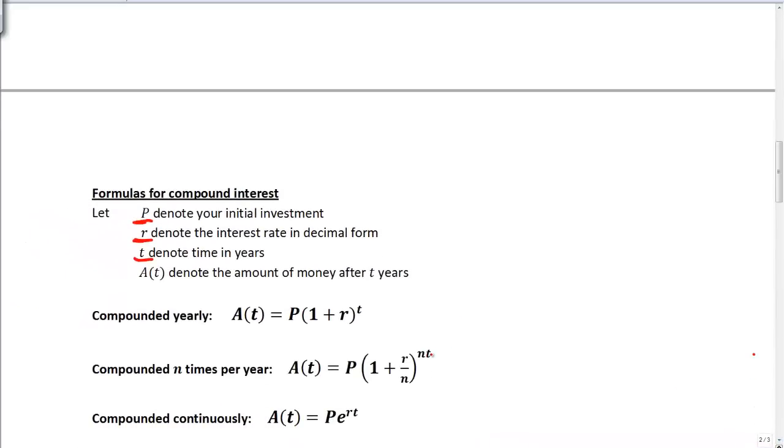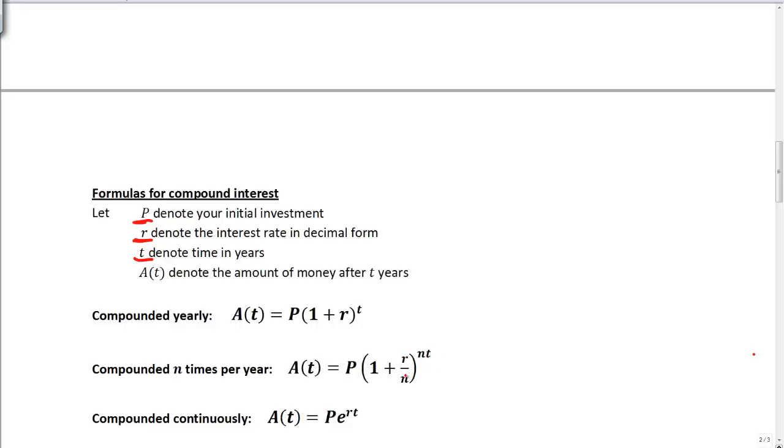And then you would do it again for 3 years, etc. Well, the other thing that you need to note, though, is when a bank says that they're going to compound n times per year, they're not going to give you that full interest rate n times during the year. What they'll give you is the interest rate of R divided by n, raised to the nt. Okay?